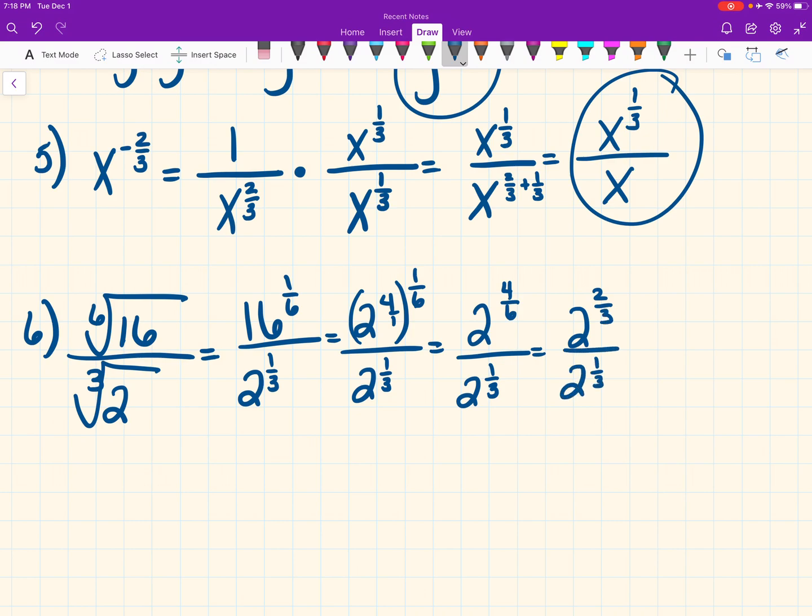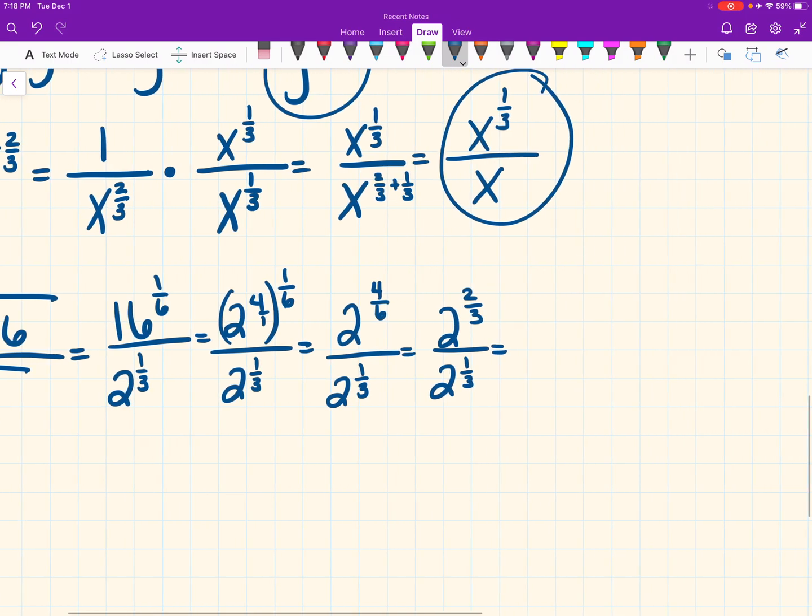What are the rules if we're dividing like bases? What do we do with exponents? So you can see exponents and fractions come into play here. We subtract them. So it's 2/3 minus 1/3. When we subtract fractions, common denominator, and only subtract the numerator. In this case, 2 minus 1 is 1. We keep the denominator as 1/3.